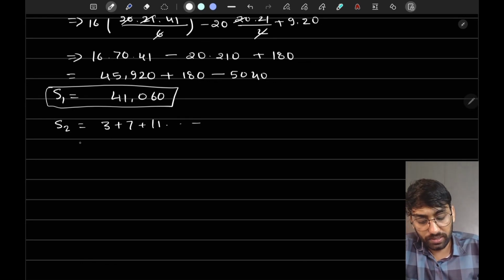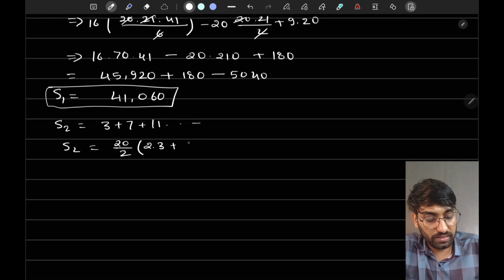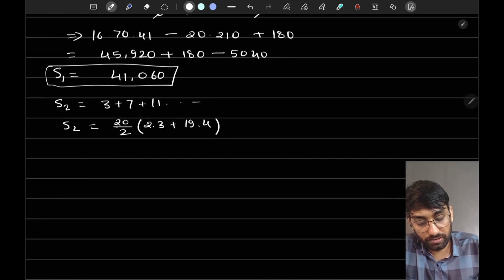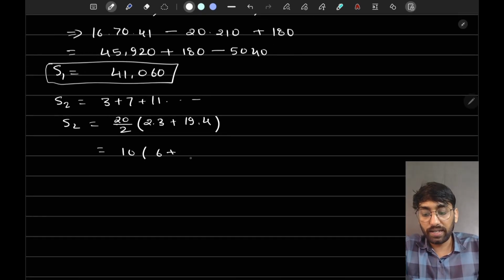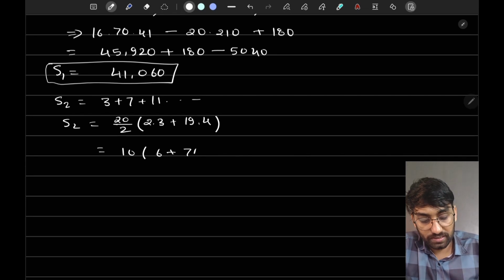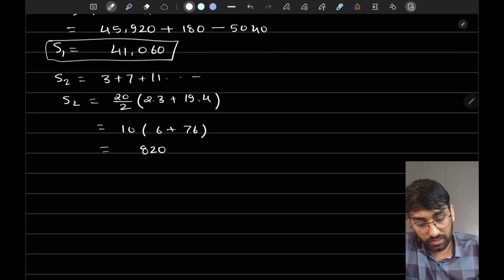So S2 becomes 20 by 2 into 2a, that is 2 into 3 plus n minus 1 into d. So 19 into d, which is 4. So I get 10 into 6 plus 76, which is 820. Correct?